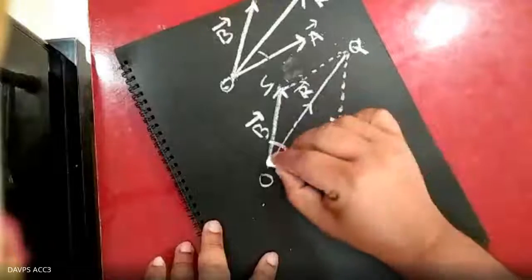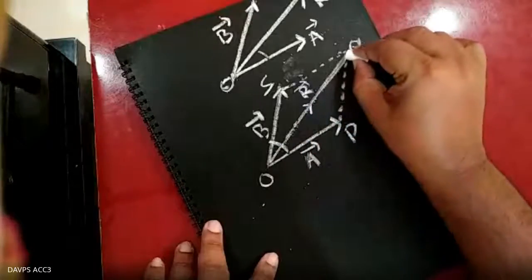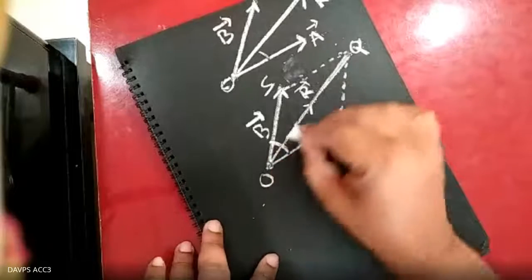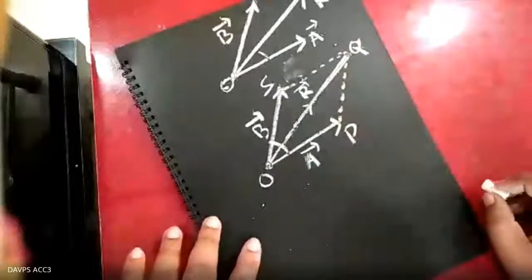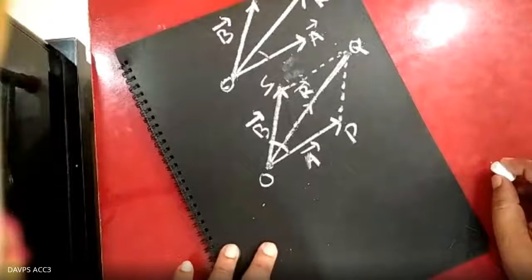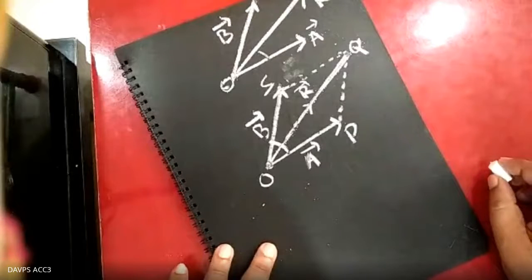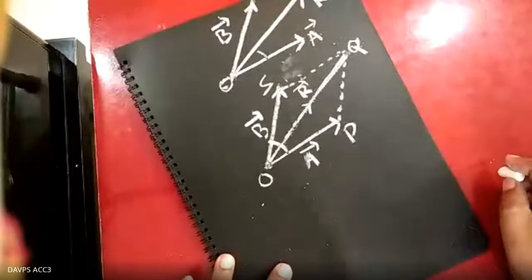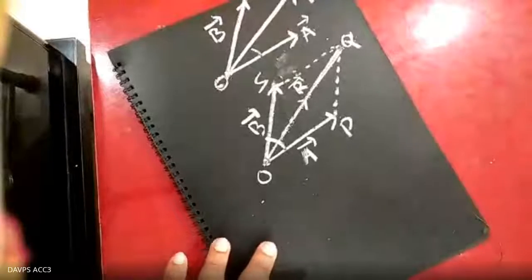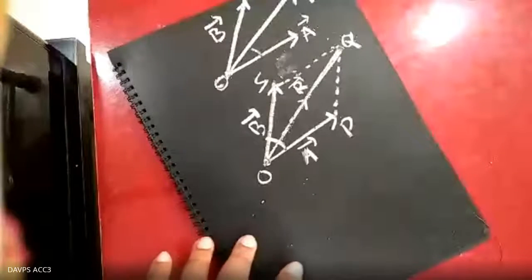We have two diagonals, and the one diagonal passing through the point of action gives the resultant, meaning R vector equals A vector plus B vector. We have to find the magnitude and direction of the resultant.